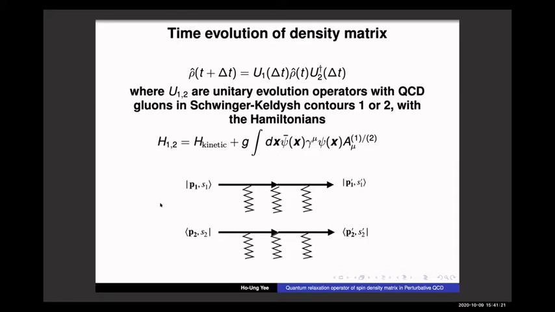But the basic formalism is just the usual quantum mechanical time evolution given by the unitary evolution operator in terms of the Hamiltonian with interactions with the gauge field.